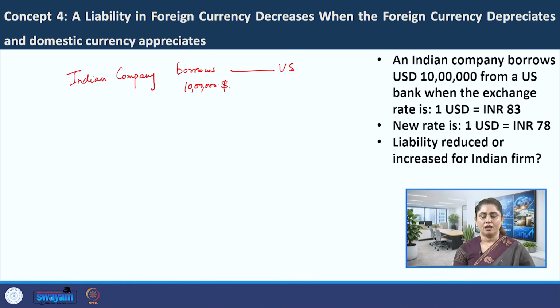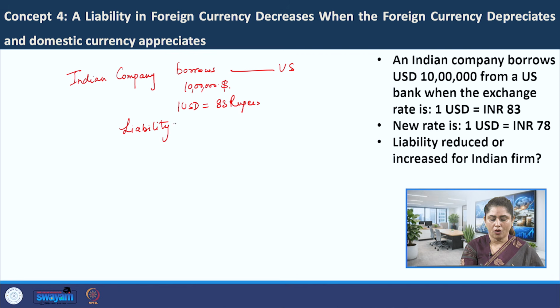Now, when the exchange rate was 1 USD equal to 83 rupees, what was the liability of the Indian company in rupee terms?